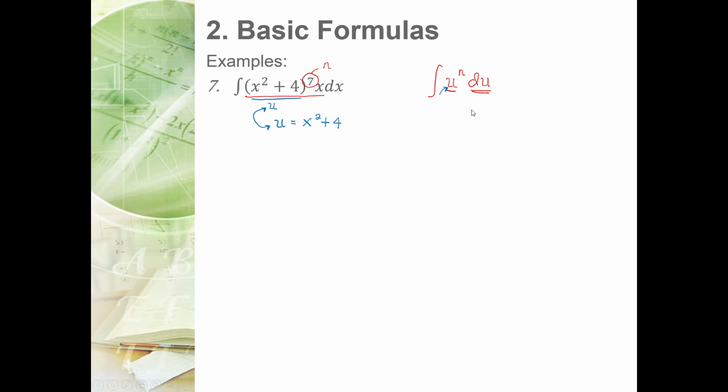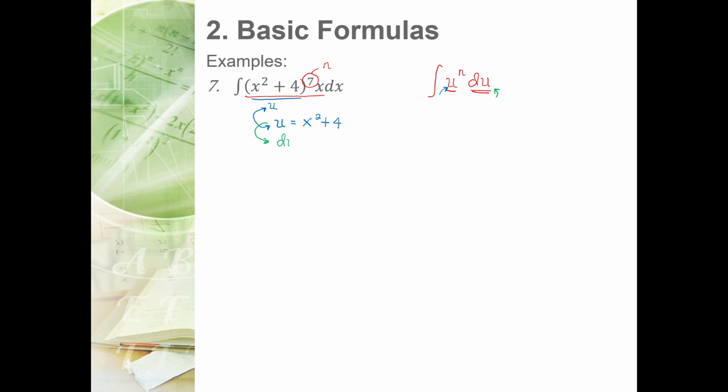Okay, so of course, what comes next is replacing it with du. If you don't know what particular variable you're going to replace with du, what you need to do is just derive the given u parameter that you replaced earlier.